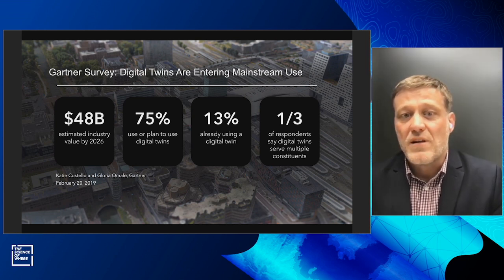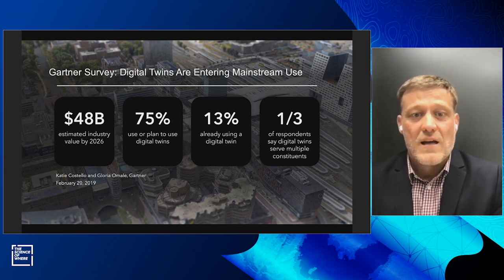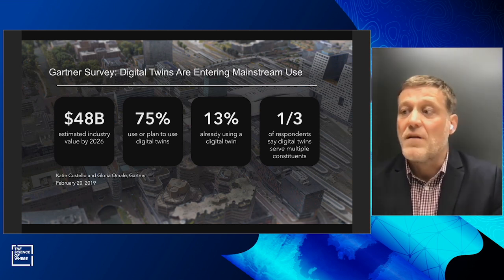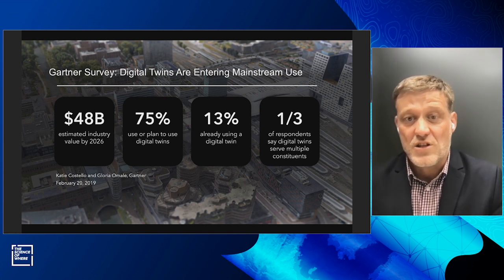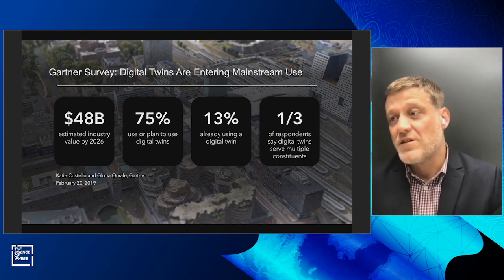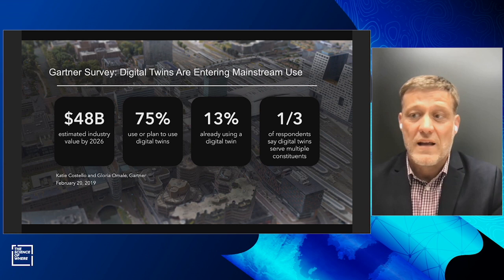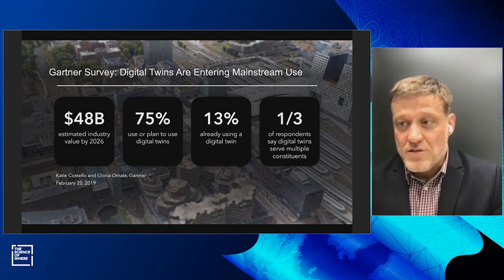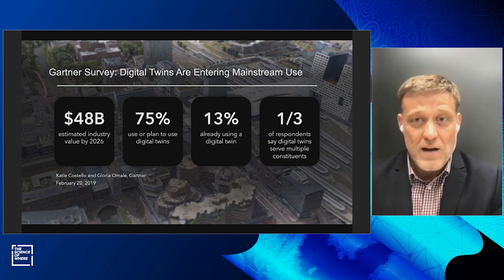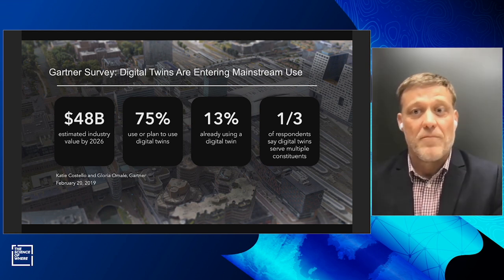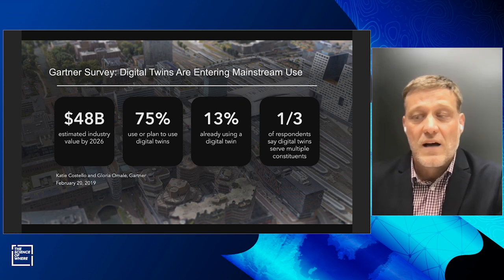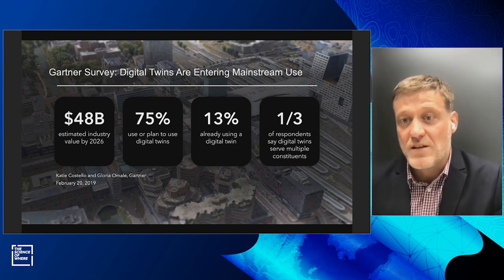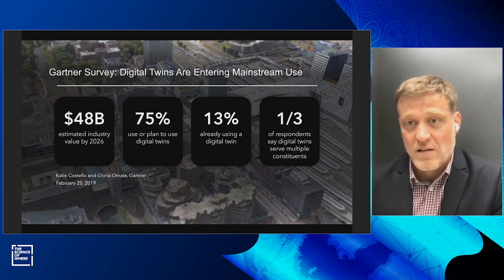And when you ask those people in this survey if they plan or use digital twins, already 75% of the people mentioned that they plan to use a digital twin, which means they are actually going to launch some form of digital twin in the next couple of years. And the actual usage, of the people the Gartner survey asked, is 13%. Only 13% of the people are using digital twins as of today.